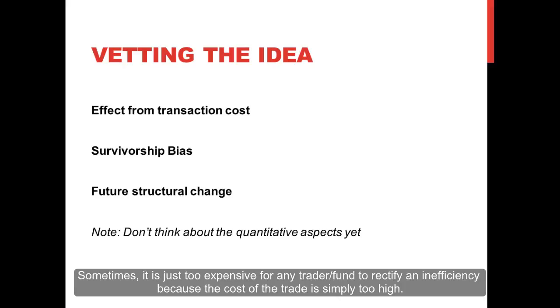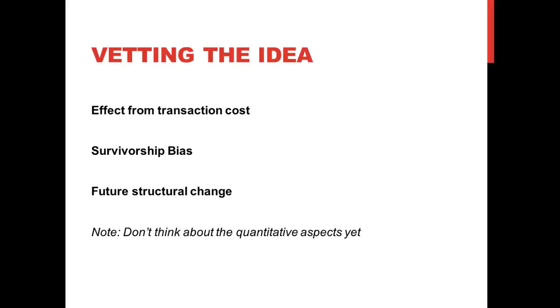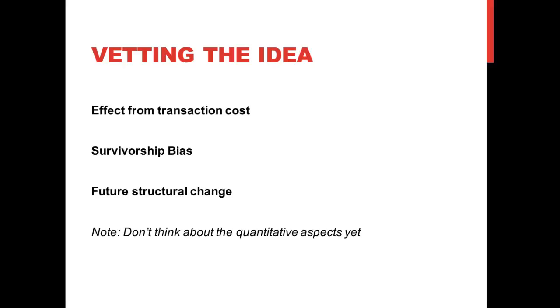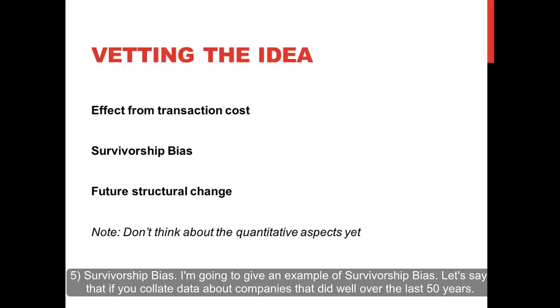Sometimes it is just too expensive for any trader or any fund to rectify the inefficiency, because the transaction cost of doing the trade is simply too high. Hence, if we have an inefficiency, we need to understand if this inefficiency exists because of the high transaction cost or not. The fifth thing is survivorship bias.